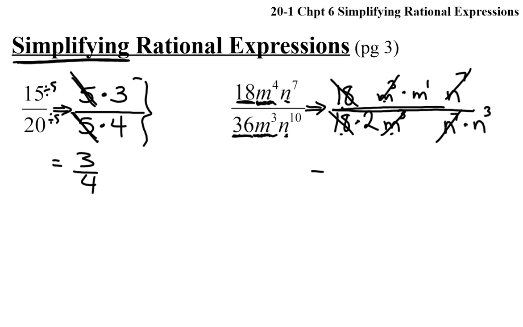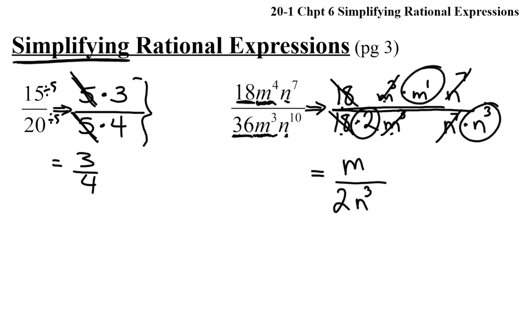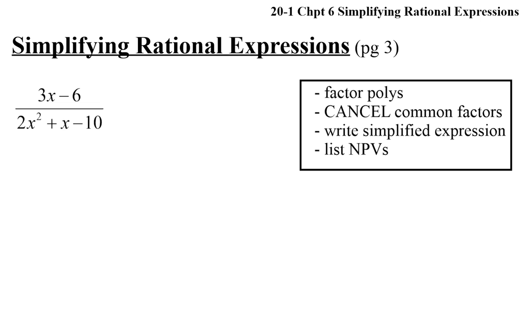So if I reduce this rational, what am I left with? I have an m^1 in my numerator, and I have a 2n^3 in my denominator. But I needed to break it into all these little parts to see what could be canceled out. And that's why this unit becomes tricky. We can't see those parts really well.